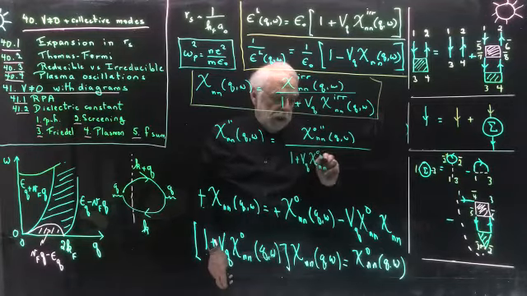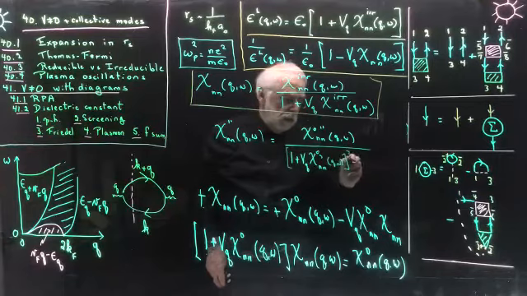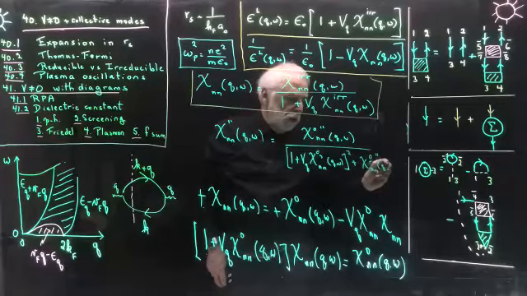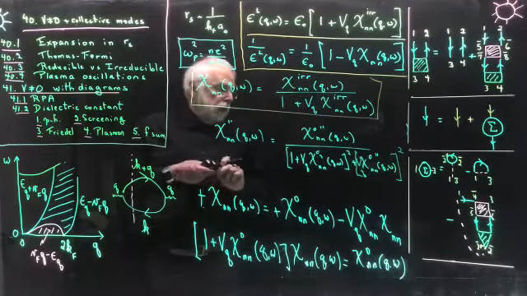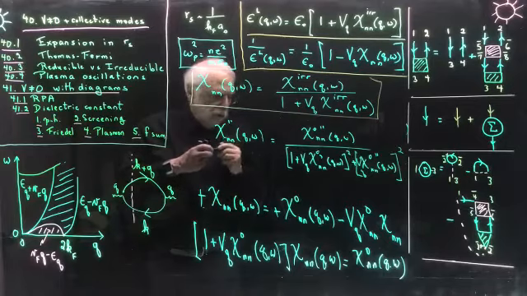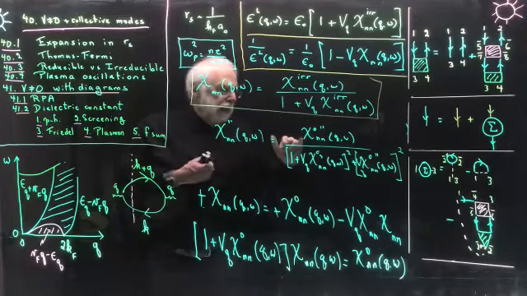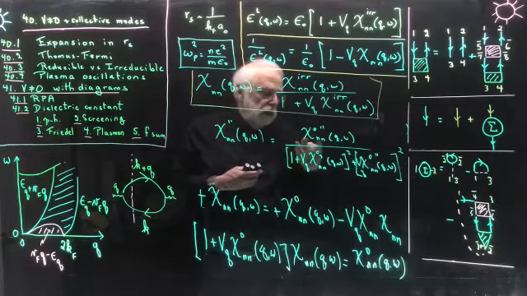Okay, so the real part of Q and omega square plus chi 0 prime prime and n of Q and omega times V of Q square. Okay, so suppose that there's a pole here of this.